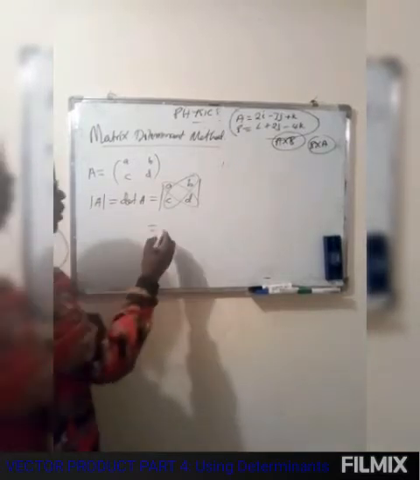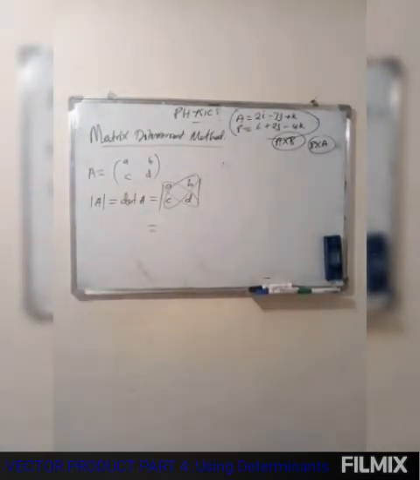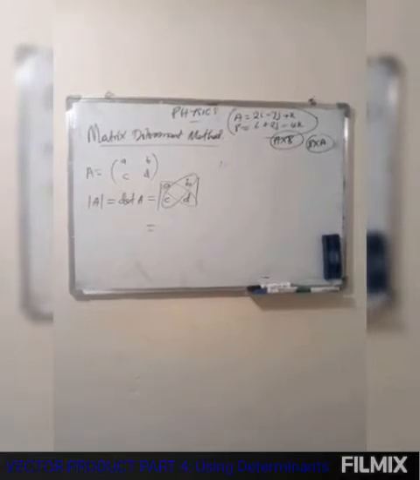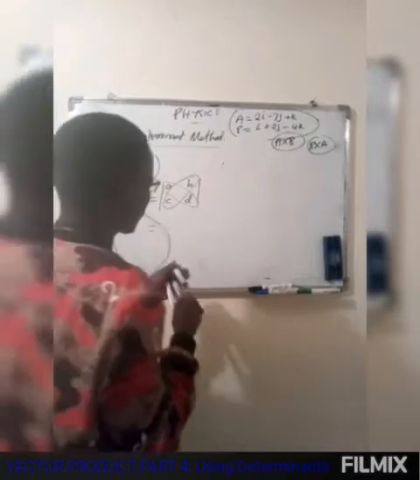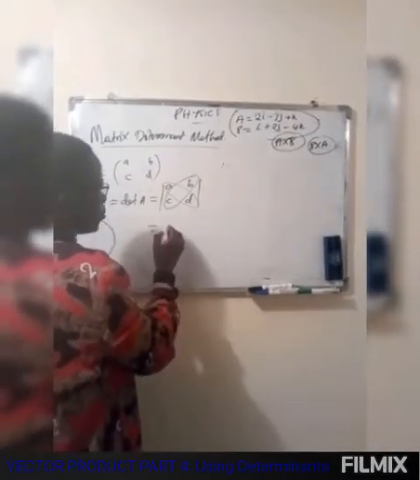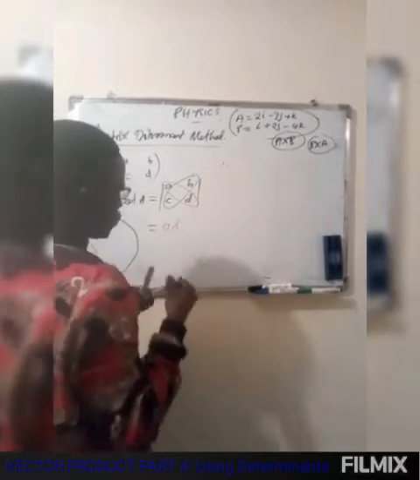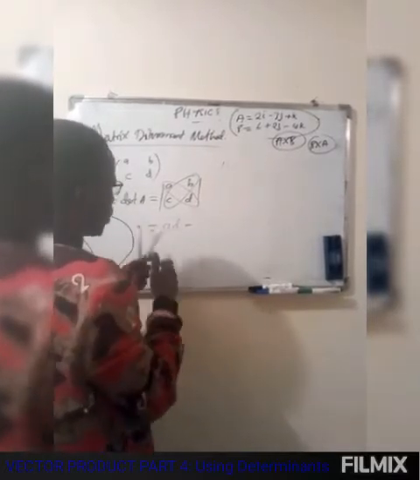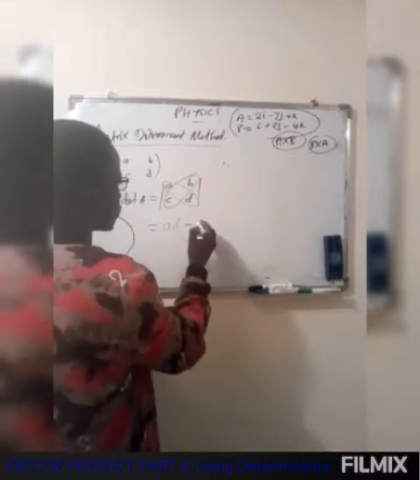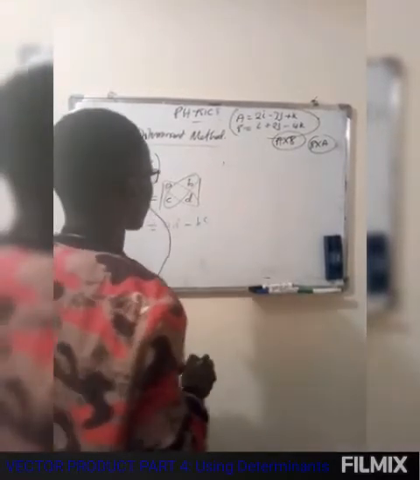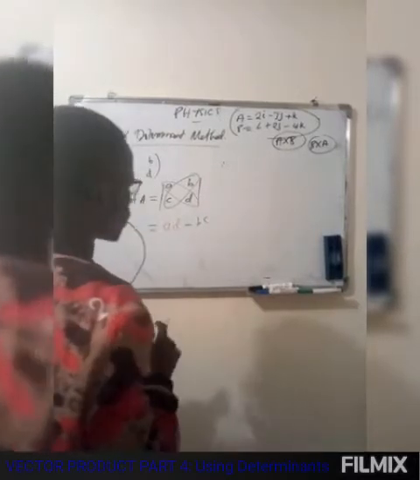So we're going to have A multiplied by D, so that is AD, all right? And then minus what? BC, minus BC. So this is for a 2 by 2 matrix, all right?